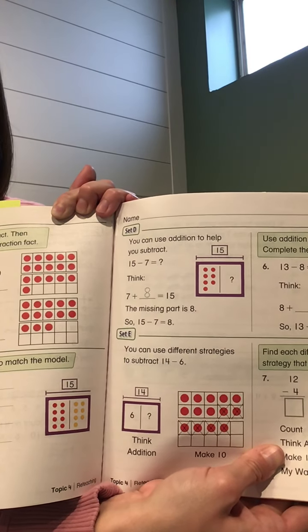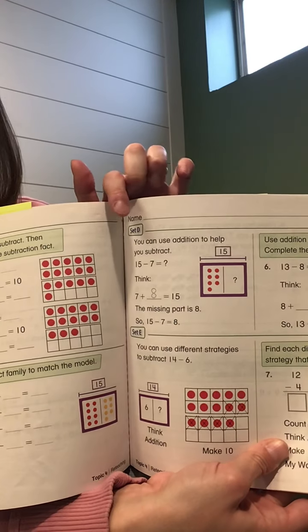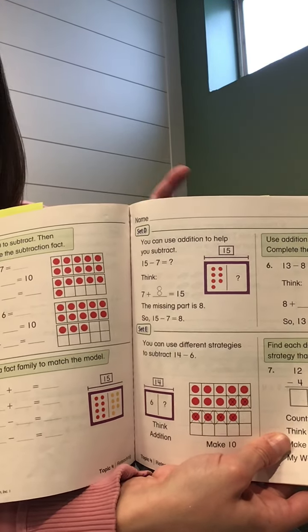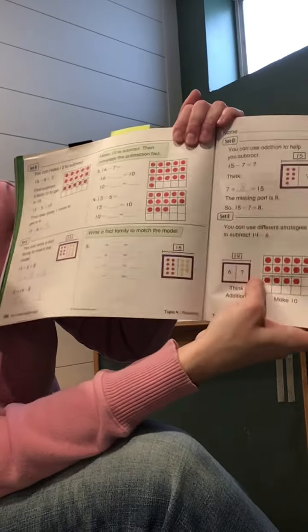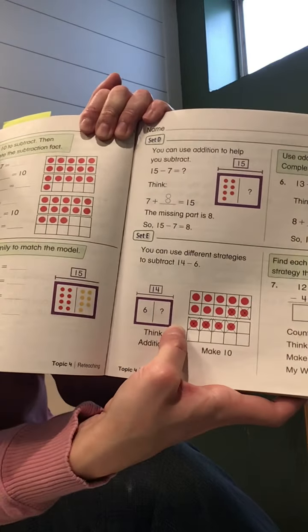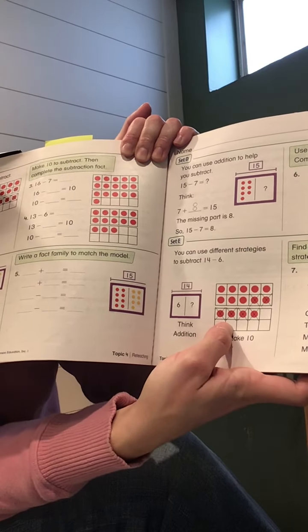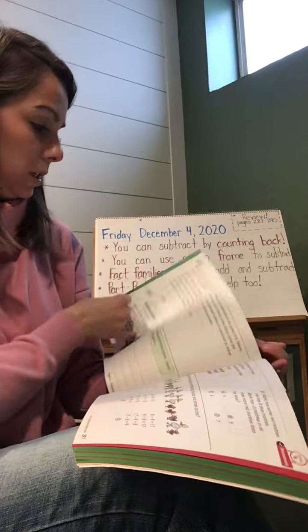Now I know if I used my part whole math, I could think, well, 7 plus 8 is 15. So the missing number is 8. Now you can also, remember when we used our different strategies, use whatever strategy worked best for you to subtract. Let's turn to the next one.